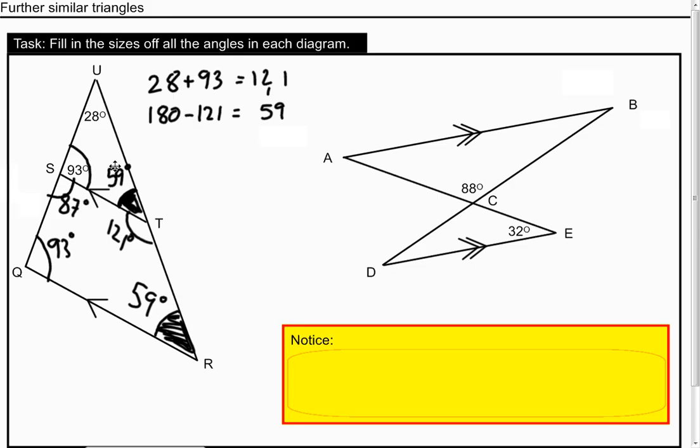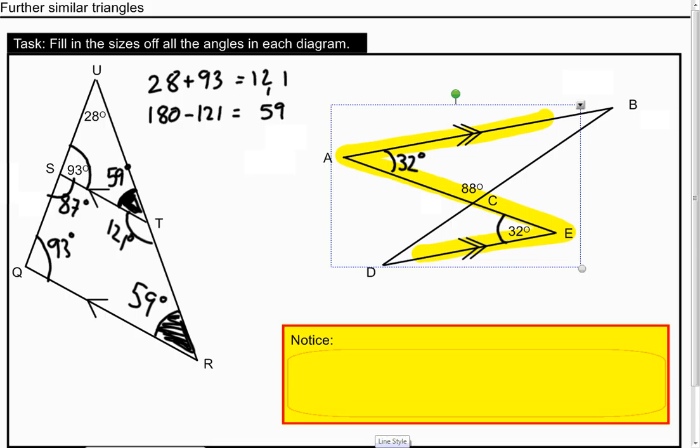On the second of the two diagrams, no real F shapes, no corresponding angles. But if we look, I have this Z shape, what's known as alternate angles. So I know that 32 degrees matches with this one at the top, what you might have called a Z angle before, but the proper name is alternate angles.